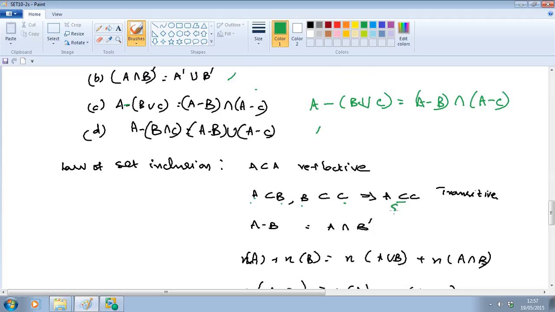You write it like that. So A minus B means A intersection B dash.